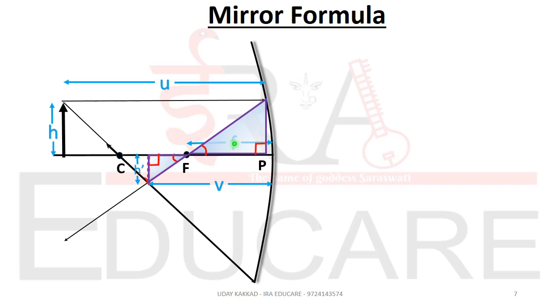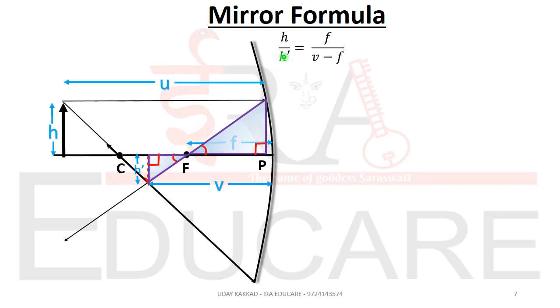Clear? So by similarity, you can say that these two triangles are similar. If these two triangles are similar, then the ratio of the sides of the triangles is the same. So let's take a ratio.